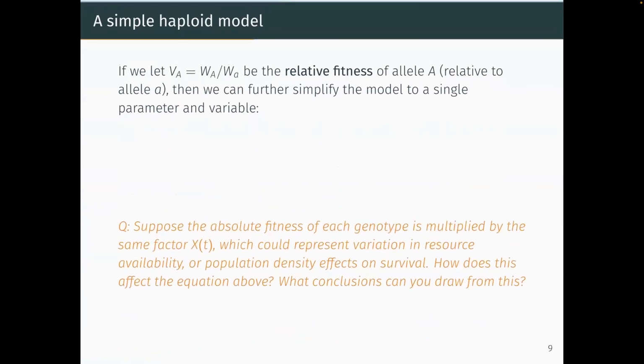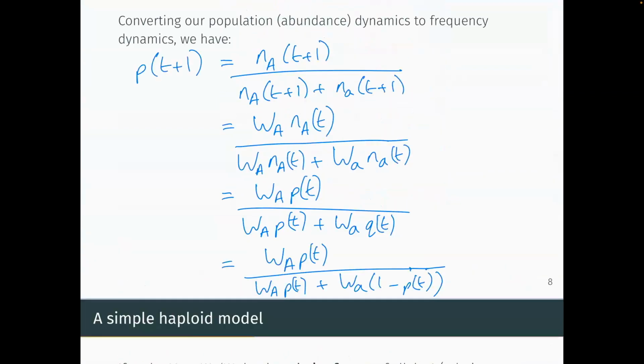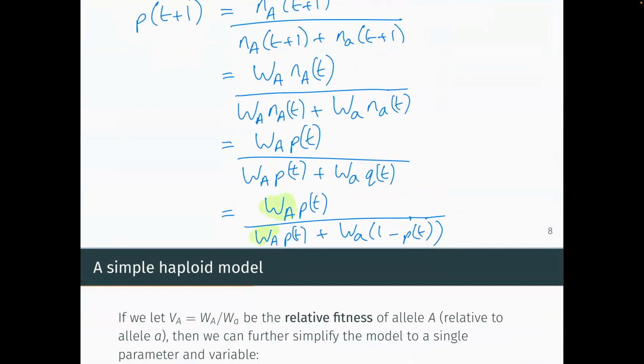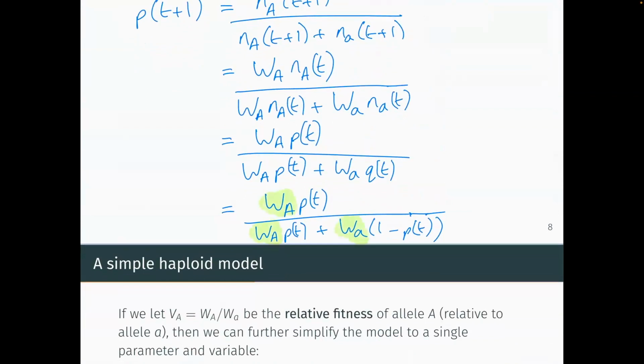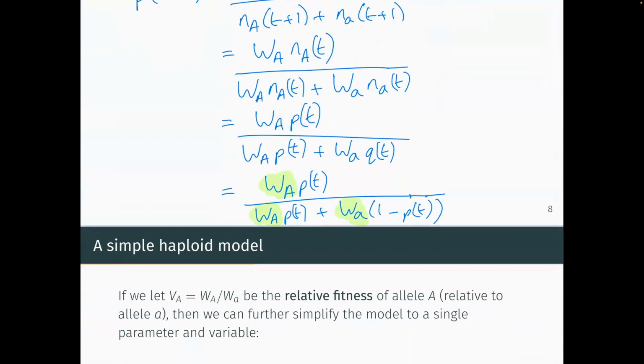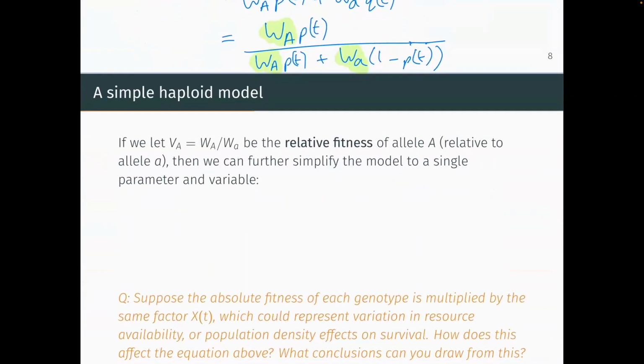So we can simplify things even further by talking about the concept of relative fitness. These fitnesses above, these W sub A, either capital A or little a, are the fitnesses of those different types. It's telling us something about how much they're able to grow, how quickly they're growing. We can think about the relative fitness.